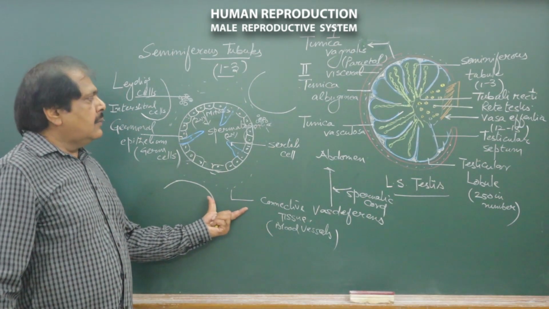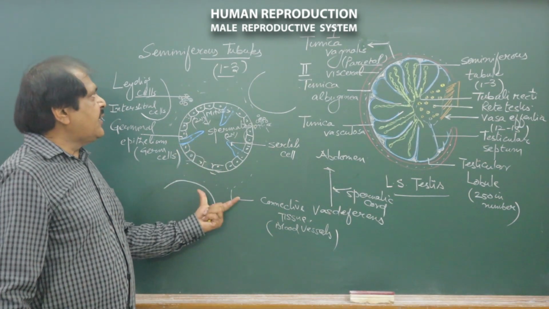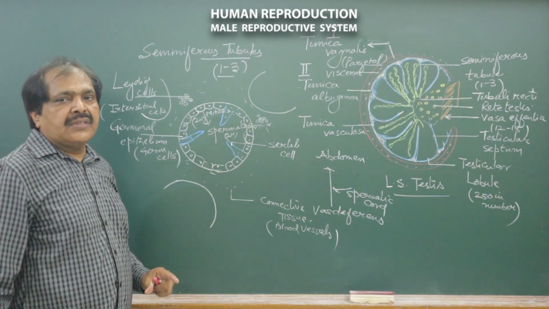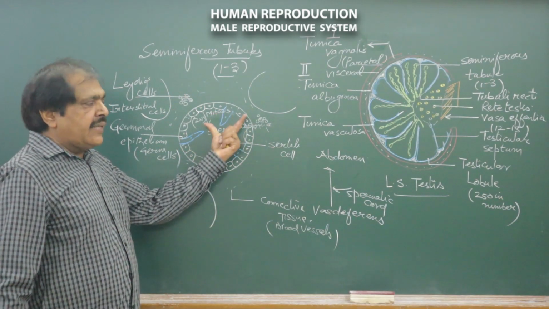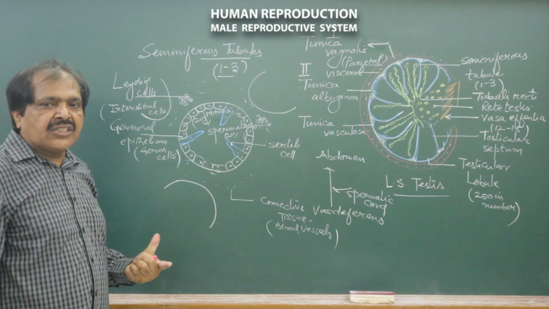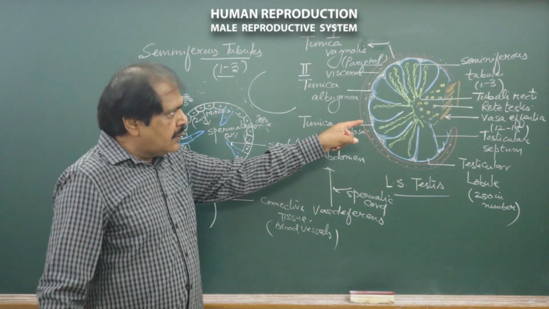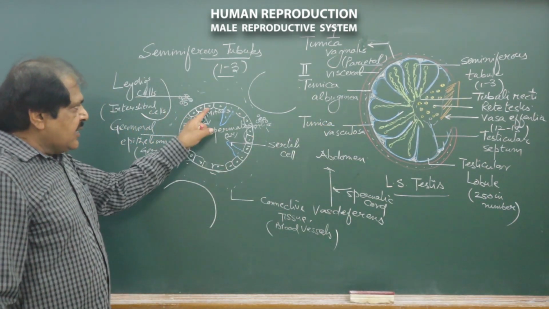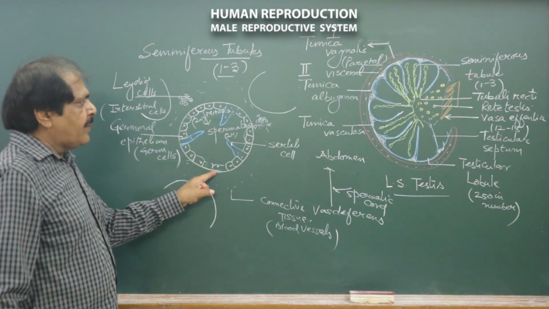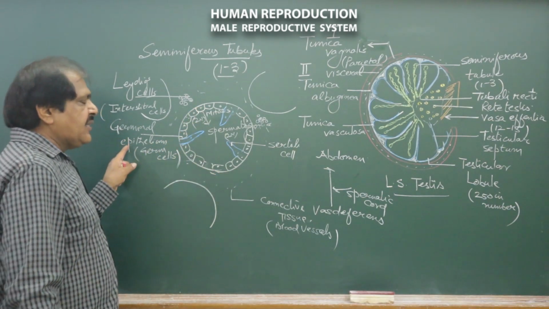In the section of the seminiferous tubule, there are 1 to 3 seminiferous tubules in one testicular lobule. Each seminiferous tubule is covered by germinal epithelium.